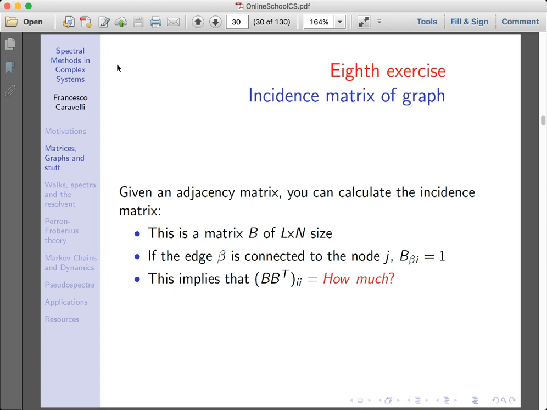A notation that I usually use is to describe the edges, or the links, with Greek indices, and the nodes with Latin indices. For instance, in the case of one little exercise, what is B transpose? What do you get in the diagram?